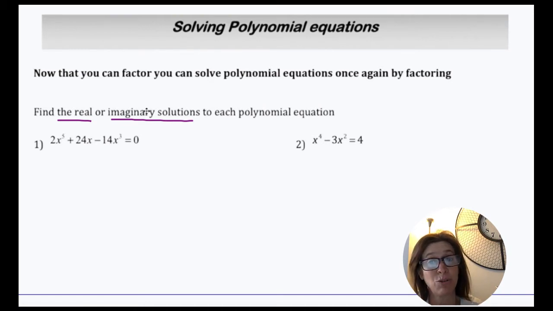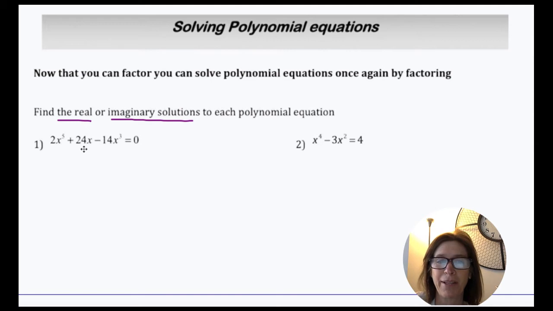Remember, imaginary solutions, the graph won't cross the x-axis because we can't plot the imaginary solutions on a standard xy coordinate plane. So really thinking deeply about the difference between real solutions and complex solutions is going to be important, okay? I specified here, I said find the real and or imaginary solutions to each polynomial.